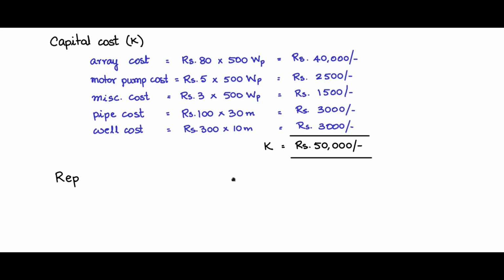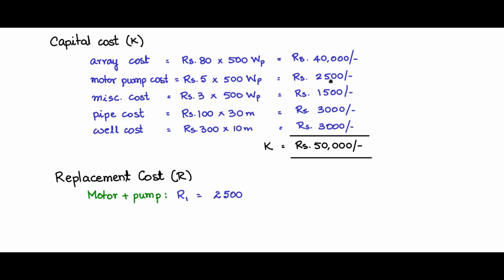Next, let us calculate the replacement cost, R. We saw that we need to replace a motor pump set at the end of 7.5 years, one replacement in the entire lifespan, R1 I will call it, 2,500. This is the motor pump cost. As there is no inflation, we have not given an inflation value.